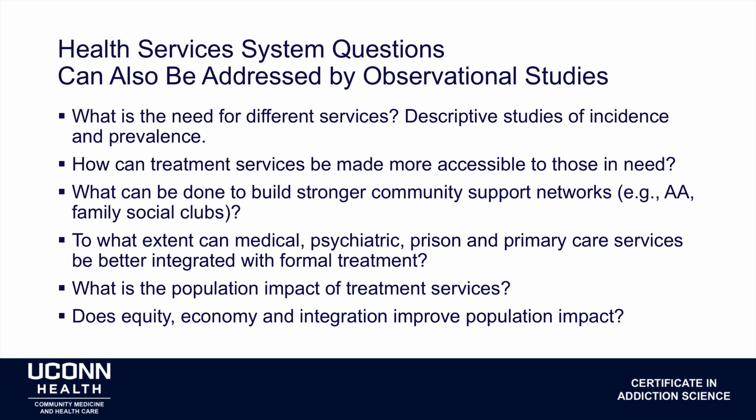So what we can do with observational research is describe treatment systems as they exist and look on a cross-sectional level at the associations between these different variables to develop hypotheses for treatment planning as well as understanding how the treatment program is operating.